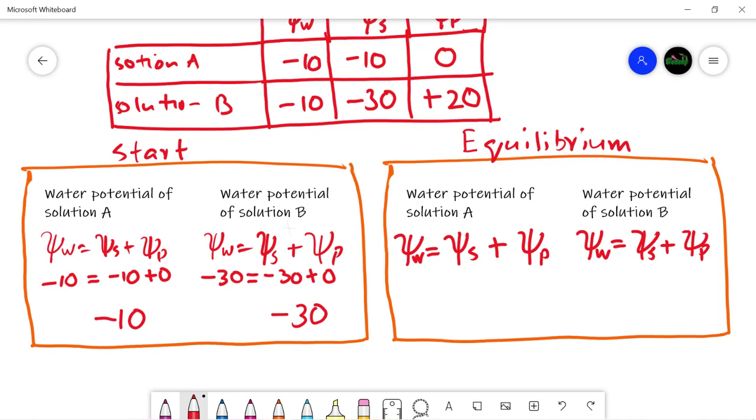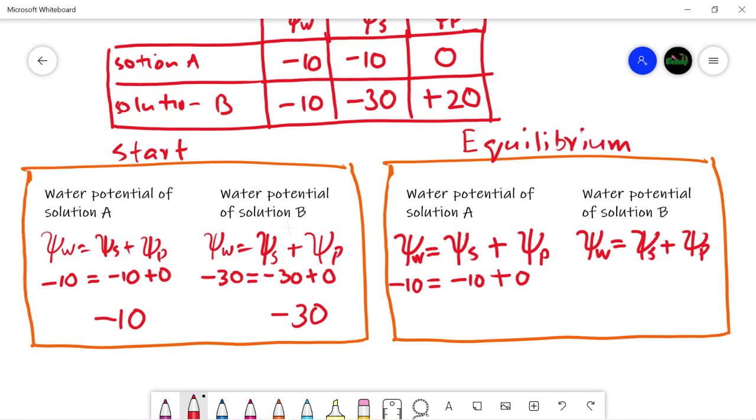Now let's substitute the values. As far as solution A is concerned, the situation is unchanged. So we have minus 10 bars water potential is equal to minus 10 bars solute potential and no pressure potential.